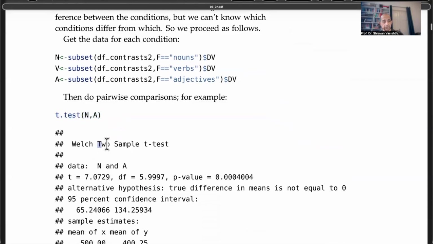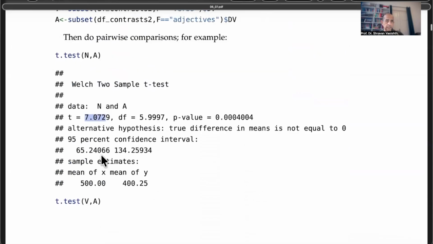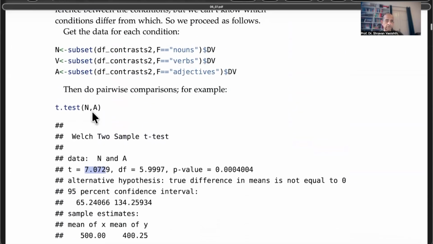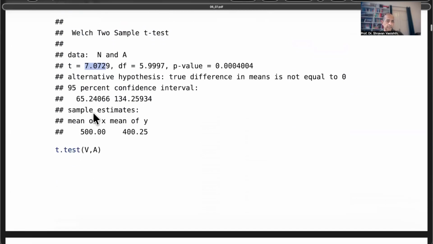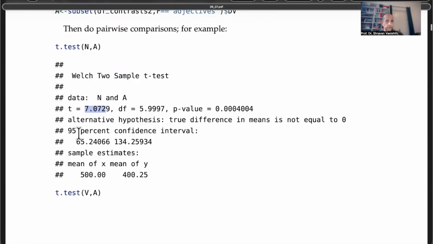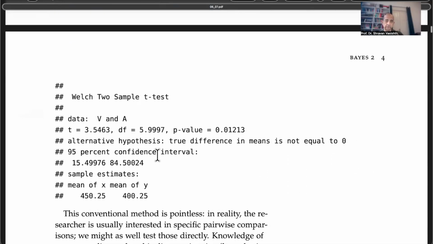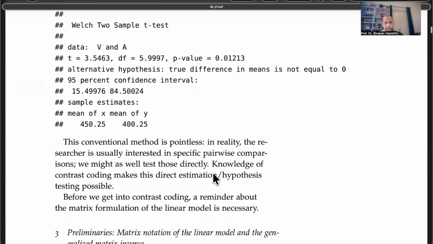This is a two sample t-test, right? And what I get is a significant t-value, blah blah blah, and so I can reject the null that there is no difference between nouns and adjectives. And if I do another test comparing verbs with adjectives instead of nouns with adjectives, I again get a significant result, and so I'm all excited and I can publish my result.